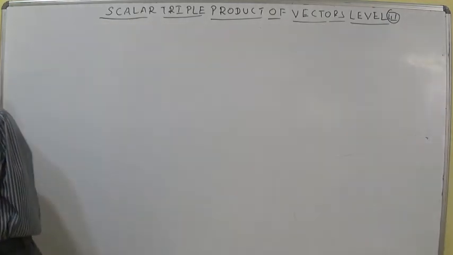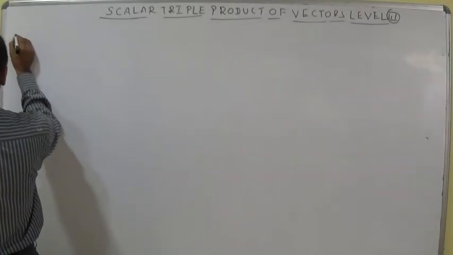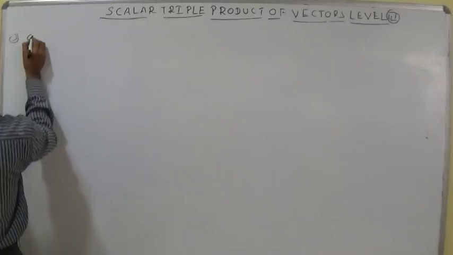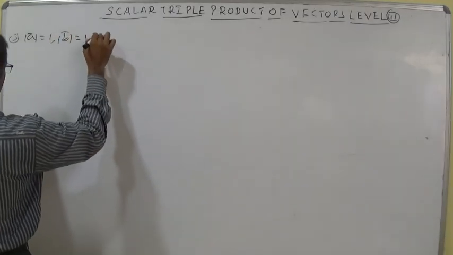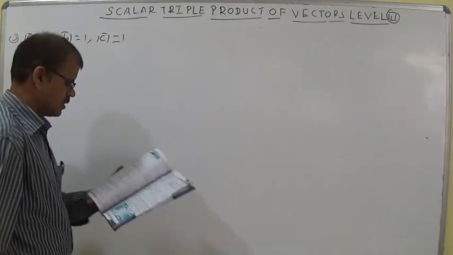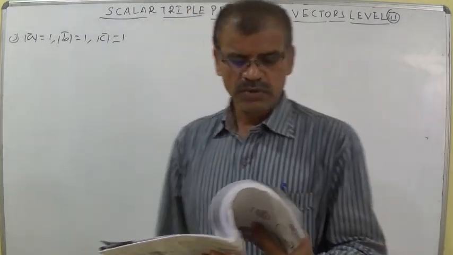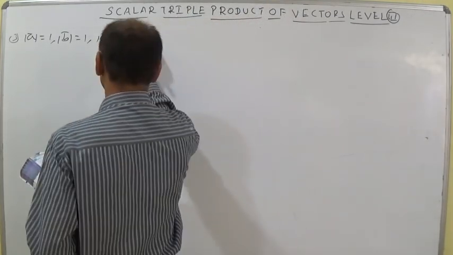Third question: A, B, C are unit vectors. A bar, B bar, C bar are unit vectors. Mod A is equal to 1, mod B is equal to 1, and mod C is equal to 1, such that the angle (A, B) is equal to alpha.